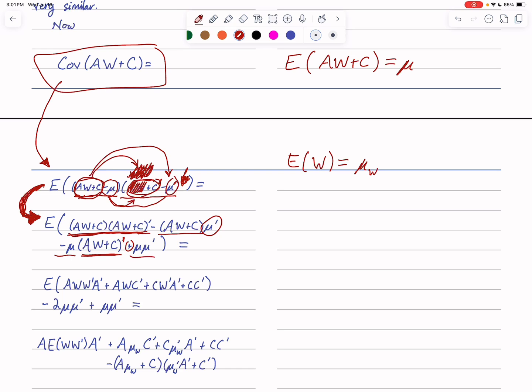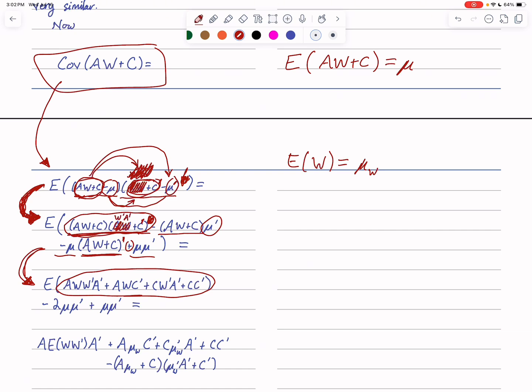In the next step, I can start to distribute the expected value based on everything that we've already said. We know that the expected value distributes over these matrix sums. What I'm going to start doing here is this is all the result of just this multiplication and distribution. So in this step, I'm taking this prime here and distributing it so that it's no longer on the outside, it's now on this C, and we can't write it as AW, we have to write it as W prime A prime.